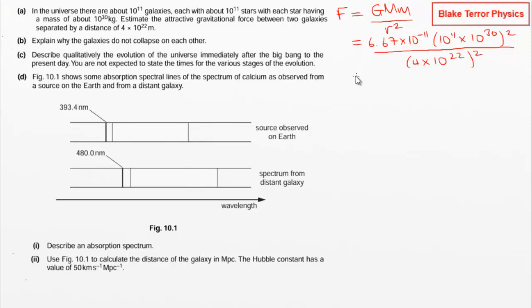So let's deal with a whole load of tens on all this. At the top, we've got 41, 82, minus 11, so 71 on the top, 10^71. Then we've got 10^44 on the bottom. And then for numbers, 6.67 divided by 16, it just makes it a bit easier sticking all this in the calculator.